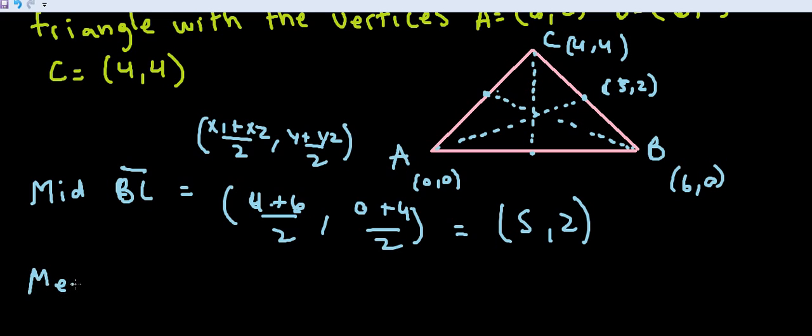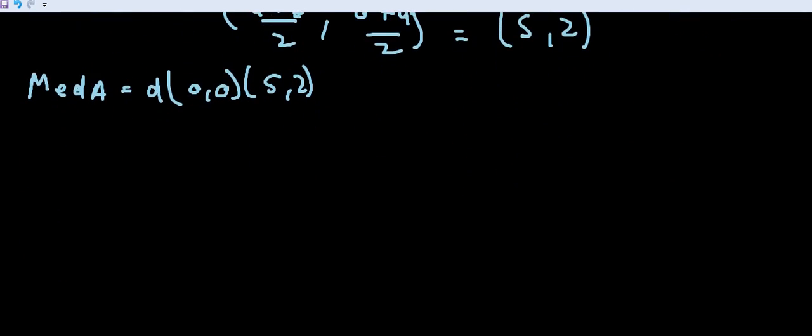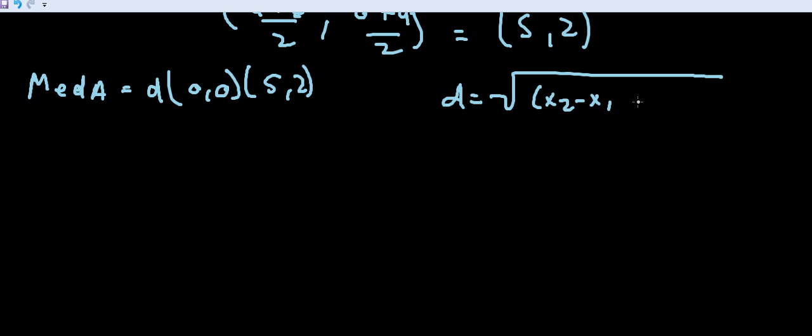So the median of A is equal to the distance from 0, 0 to 5, 2, and we use the distance formula for that. Let's write that out. Distance is equal to the square root of x2 minus x1 squared plus y2 minus y1 squared.